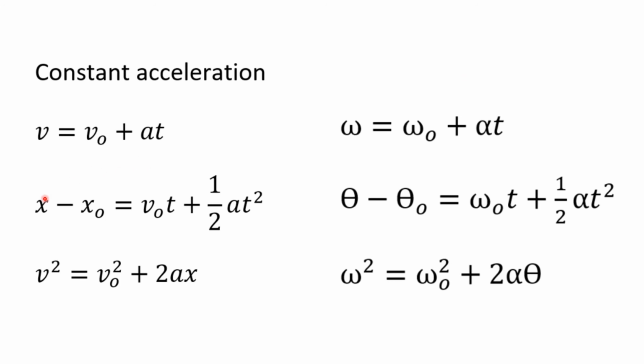Anytime you see an x, replace your x with an angle. So instead of looking at how your position changes, now you're just looking at how your angle changes. It's the same equation, right? 1/2 alpha t squared. And you can get here in the same way. So everything that you learned in the linear situation, you can now apply to curvilinear motion as well.